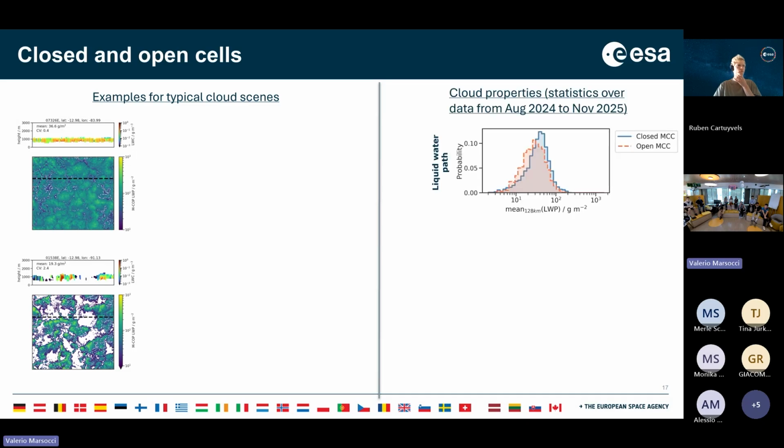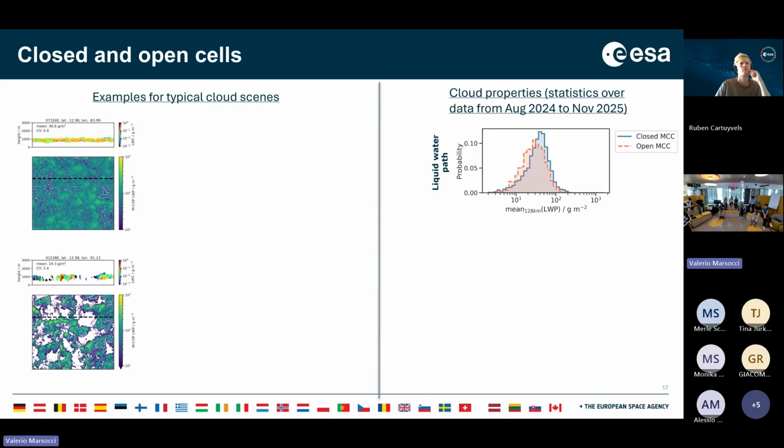So this is the statistics of all the data that we have. This is about always taking the mean of these 128 kilometer boxes in ACM-CAP, always along track. And we see here that for closed and open cells, on the average, liquid water path actually looks quite similar.